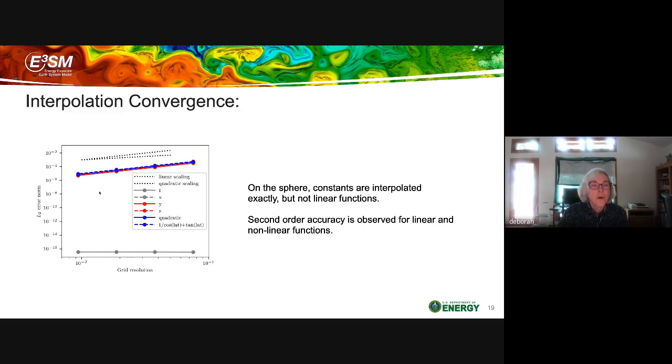And for everything else, x, y, z, a quadratic function, a nonlinear function of latitude, we get second order convergence, both for linear and nonlinear functions. So typically in a plane, or in 3 space, x, y, and z would be exact, like 1 is, but not on the sphere, as I mentioned.